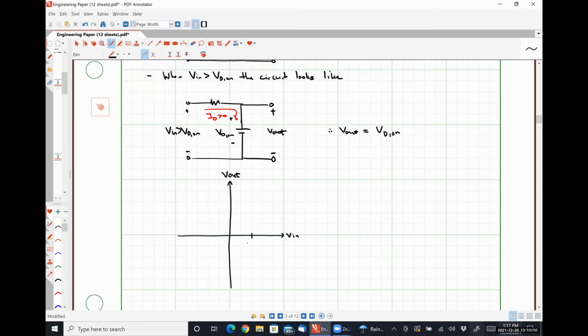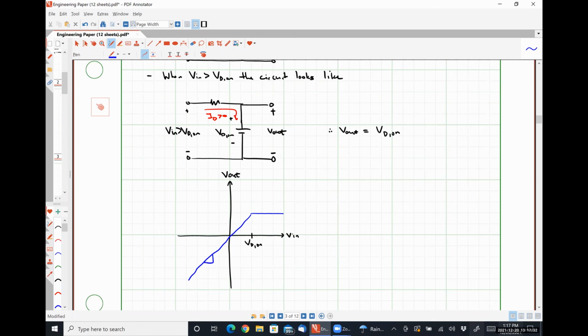Let's say that this voltage here represents VD on. So our relationship should look something like this: constant value after VD on, and something like that before VD on.